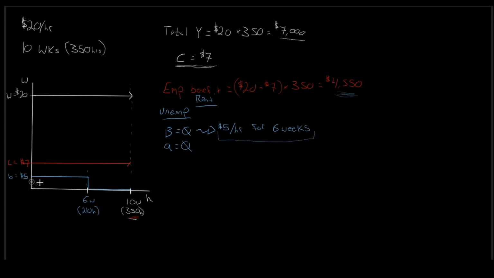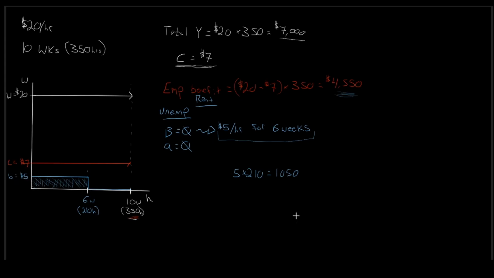That is, what is the benefit that we receive from being unemployed? In this case, that is our unemployment benefit altogether, $5 an hour for 210 hours. So that next best alternative is going to be 5 times 210, which yields for us 1,050.